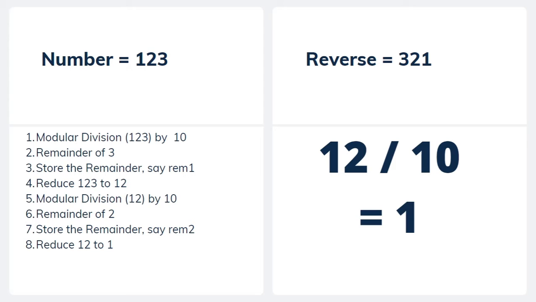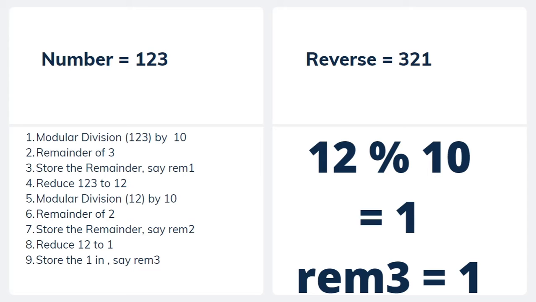We do that by dividing 12 by 10 and we get the quotient value, that is 1, right? After we got 1, we are going to store 1 in another variable, say remainder 3. So inside remainder 3, we have the quotient value of the number 12.